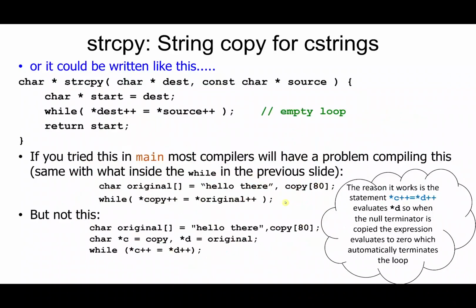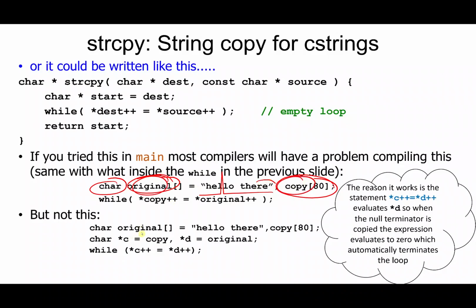If you tried something like this: a character array original, hello there, and copy. If you try to do it in your main, like while copy plus plus dereferenced equals original plus plus dereferenced, this is not going to work because you're trying to advance the actual variables, original and copy.